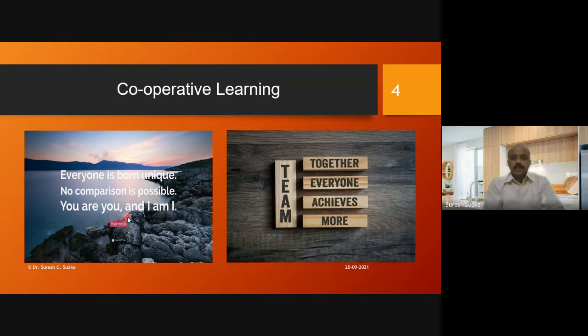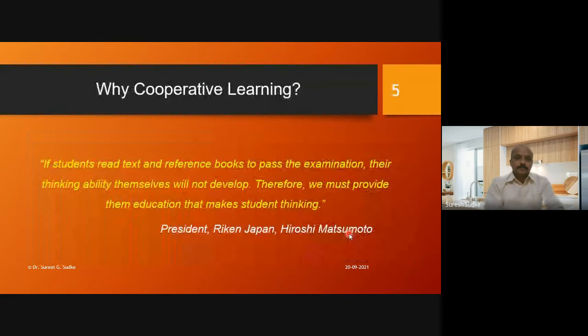You are you and I am I. Every individual has his or her own speciality, so we are not the same. We are unique. That's why when we come together and work as a team, everyone will achieve more. This is the basic principle of cooperative learning.